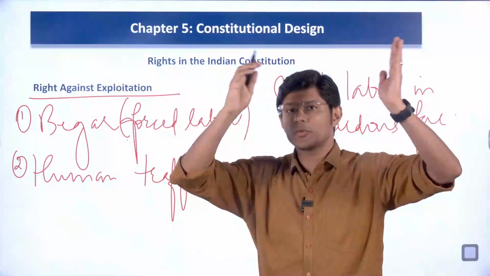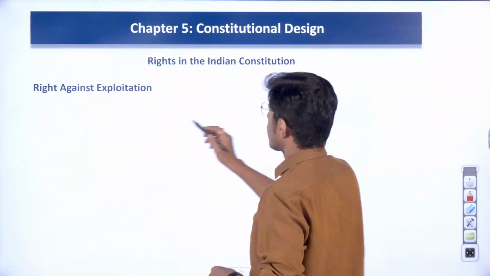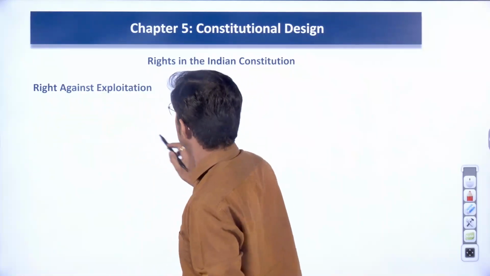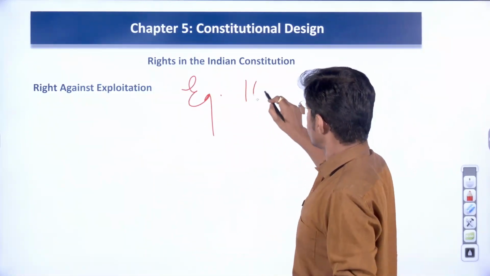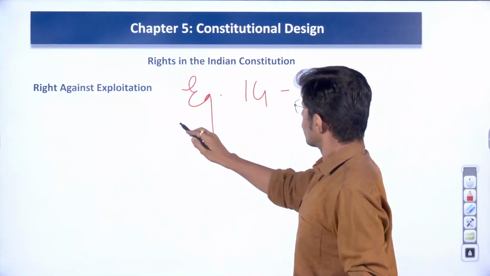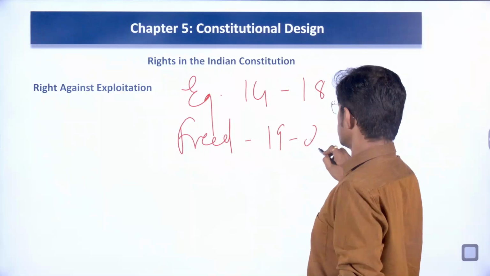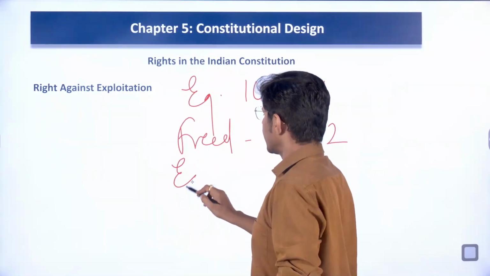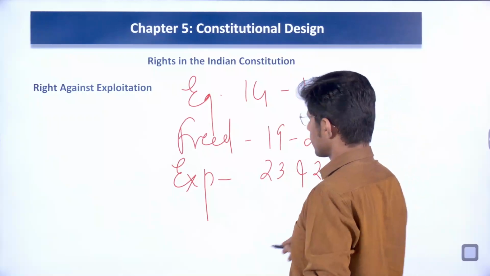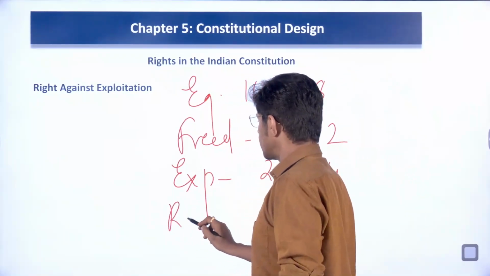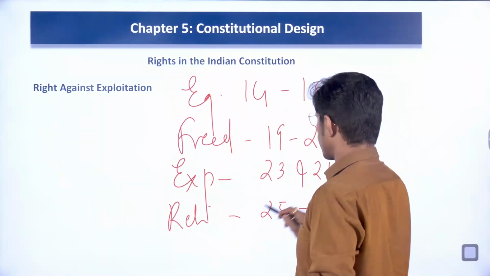So right to equality is Articles 14 to 18. Freedom is 19 to 22. Right against exploitation is 23 and 24. Then freedom of religion is 25 to 28.